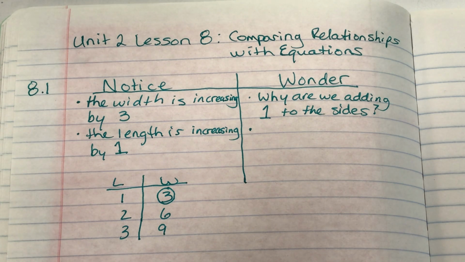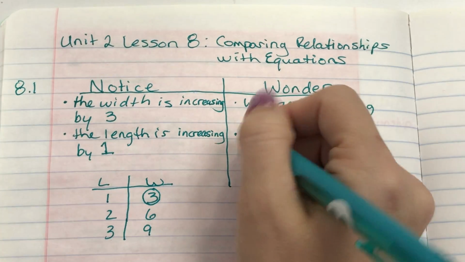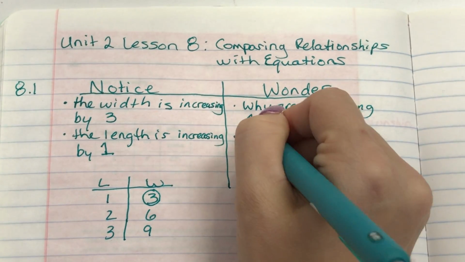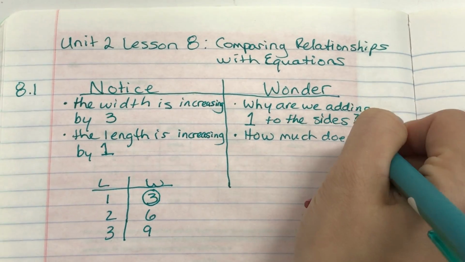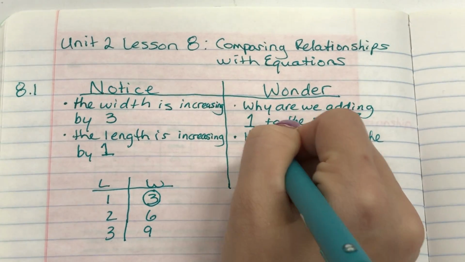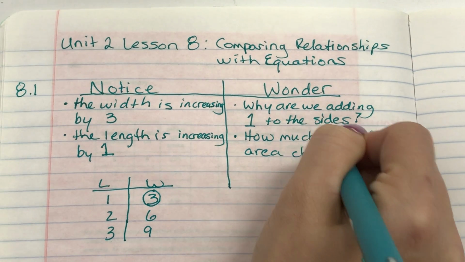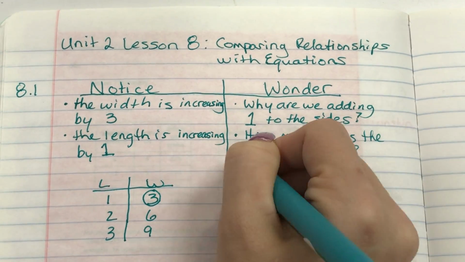Raiden? It can't be volume because it's 2D. Okay, so you're wondering what? Okay, so we can say how much does the area change? Can we come up with one more?